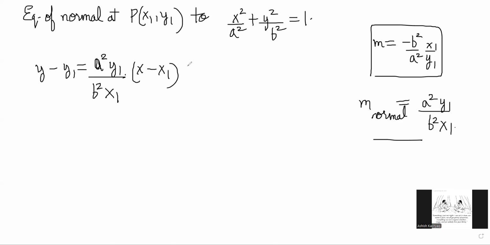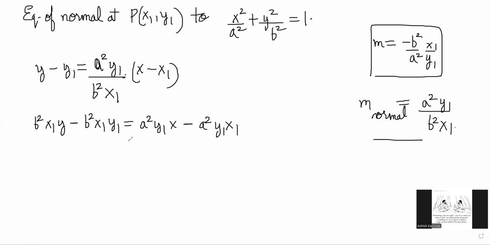And we can simplify this a little bit. So we can multiply this by b square x1: b square x1 y minus b square x1 y1 is equal to a square y1 x minus a square y1 x1, right?